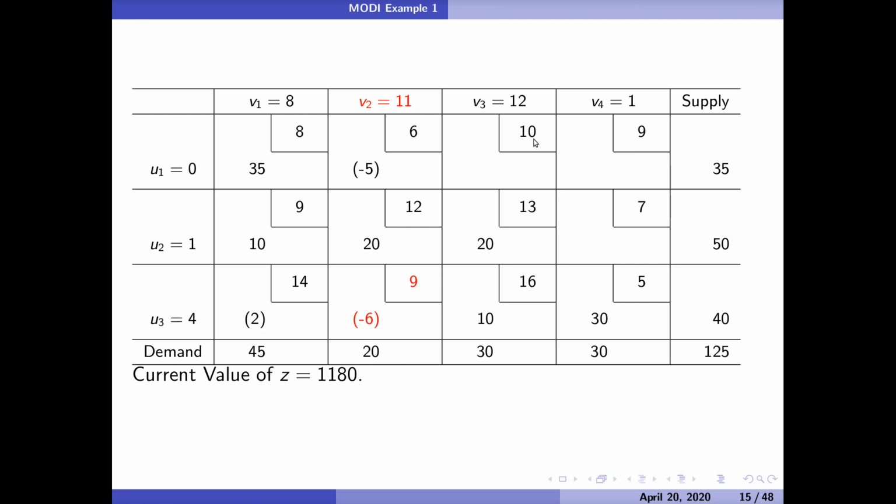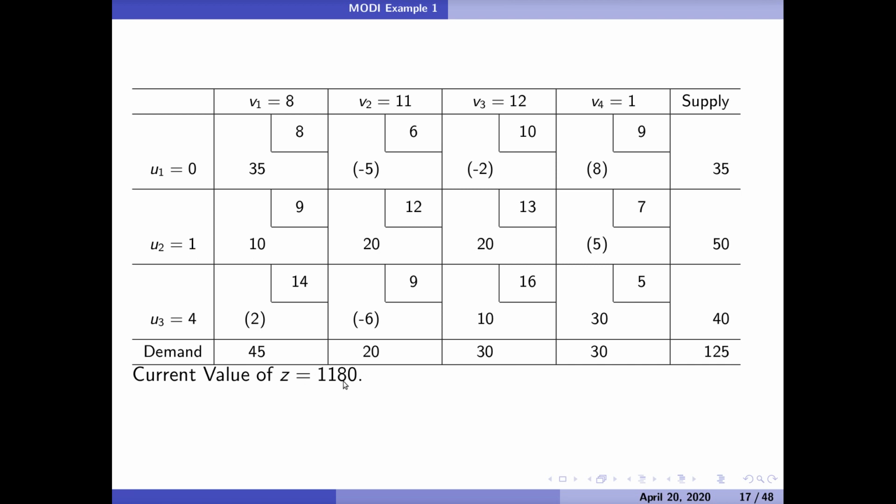Up here, 10 minus 12 is minus 2. 9 minus 1 is 8, and then 7 minus 2 is equal to 5. Okay, so that gives us all of our values here, and notice that there are negative values, so therefore this is not an optimal BFS.